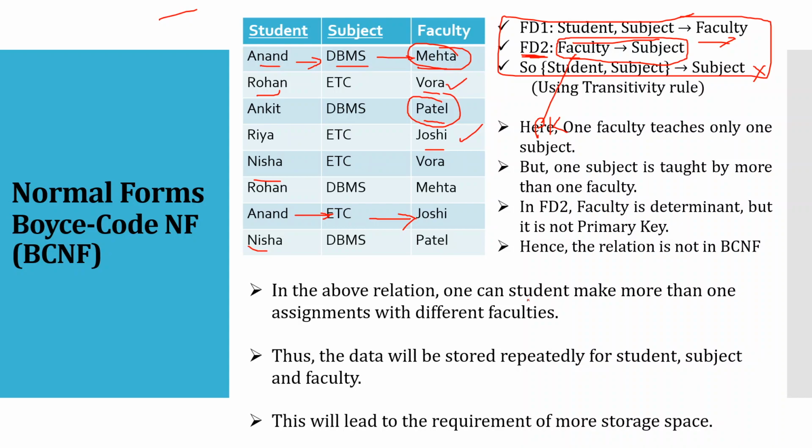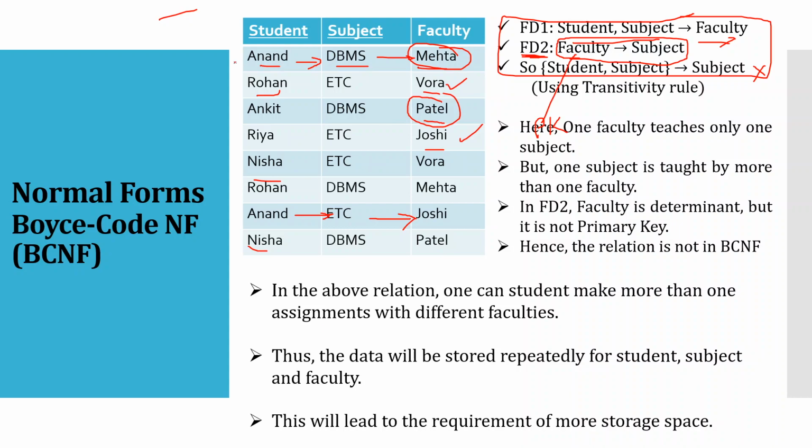Whatever I have taught in BCNF, we have seen the functional dependencies and we have checked whether the determinants are the primary key. But we have seen that in the functional dependency too, faculty is a determinant but it is not a primary key, hence the table is not in BCNF, right?